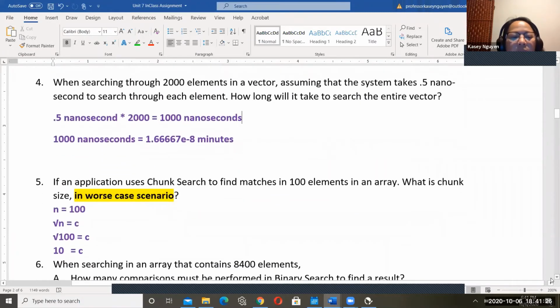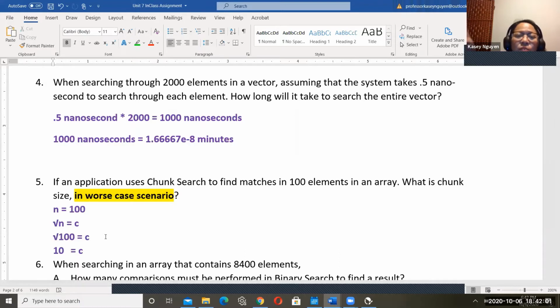All right. So for number 5, it asks if an application uses jump search to find matches in 100 elements in an array, what is the chunk size in the worst case scenario? Our n value is 100. So you simply take that 100 and operate a square root. In programming, that would be easy.